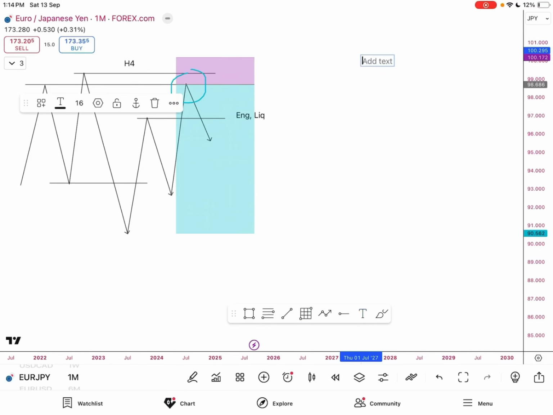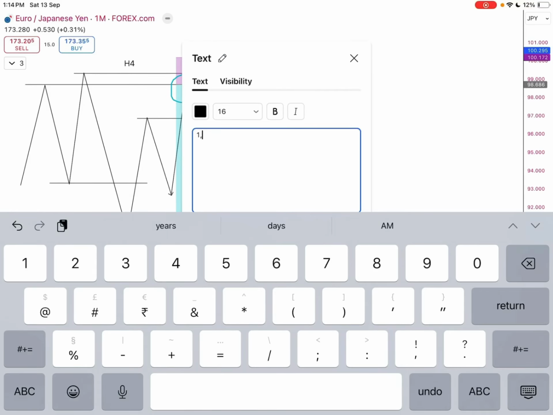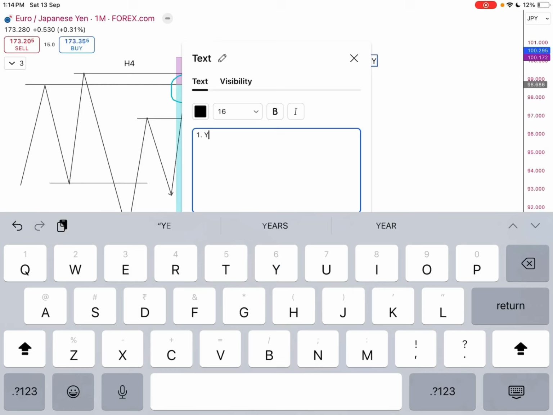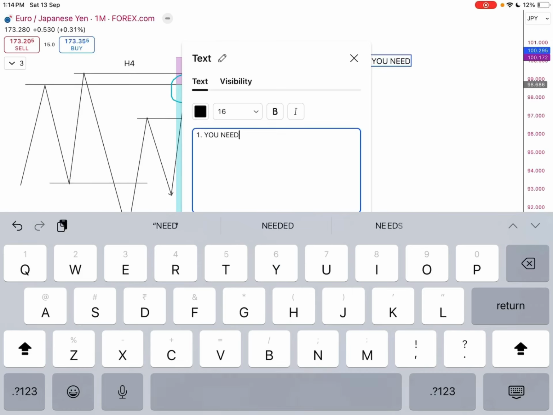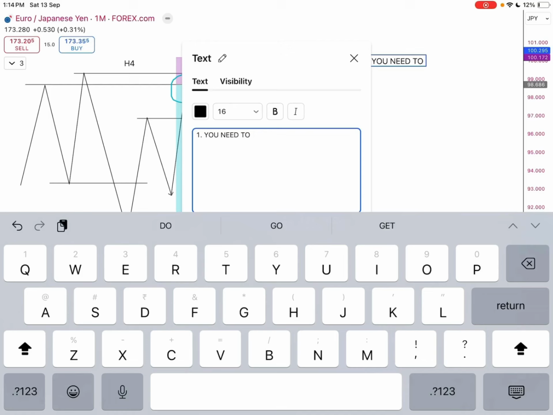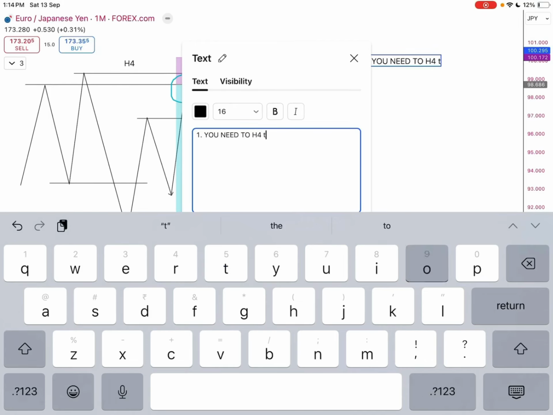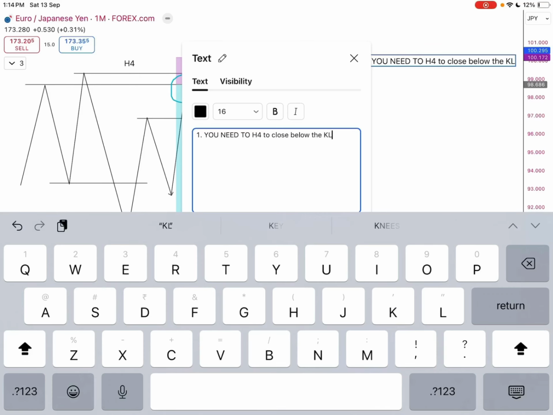The first thing you need to note is that you need to wait for H4 to close below the key level. Okay, so that's the first thing we need to consider.